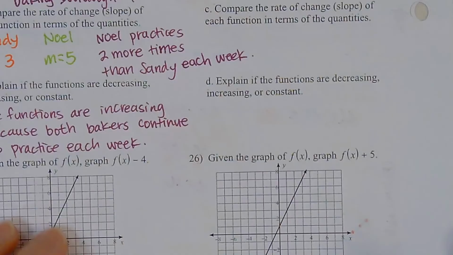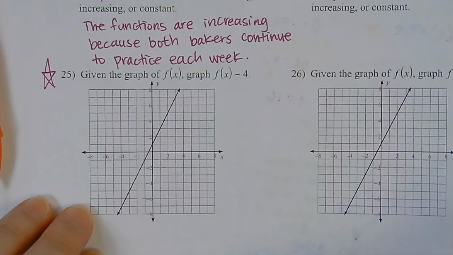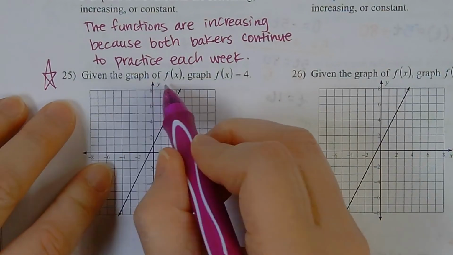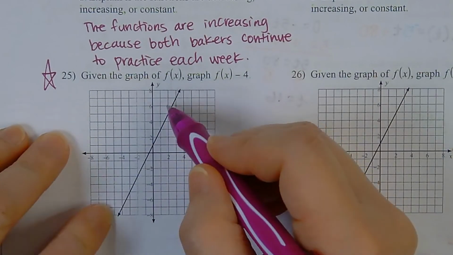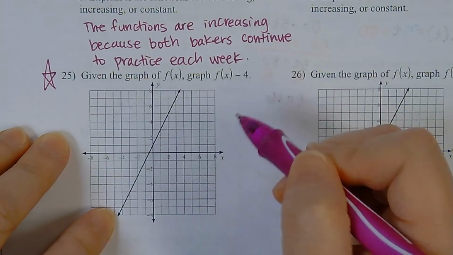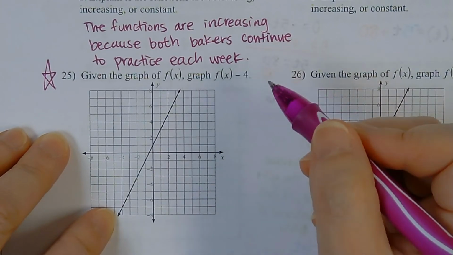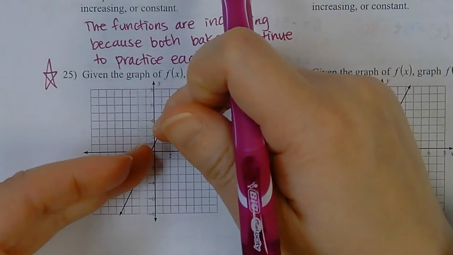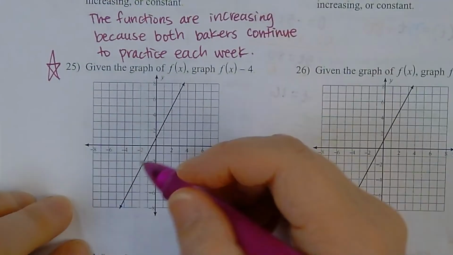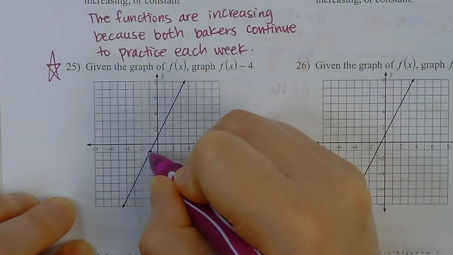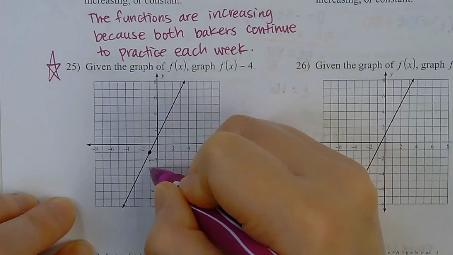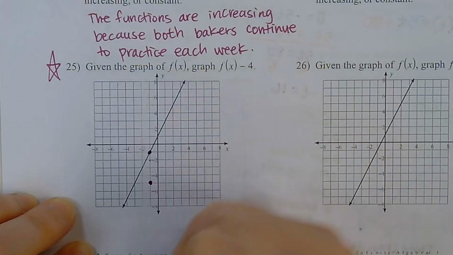All right, so we're going to number 25. 2 more problems. Given the graph of f of x, graph f of x minus 4. So here's f of x right here. We're just going to subtract 4 from it. Remember, this is transformations, so this is going to just move down 4. So every point on here, subtract 4. We'll take this point right here and go 1, 2, 3, 4 down.